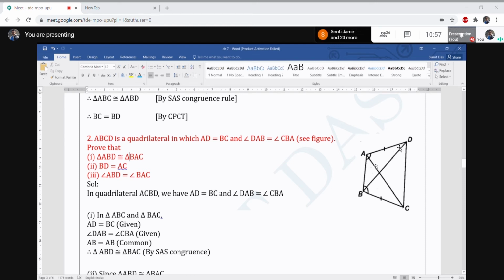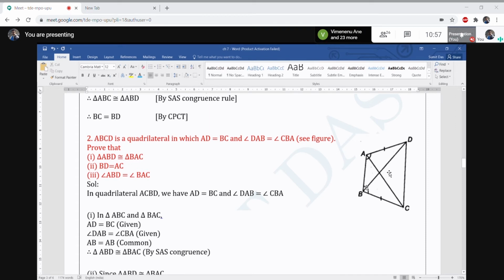Then we have to prove BD equal to AC, and then we have to prove angles ABD and BAC, these two angles are equal.